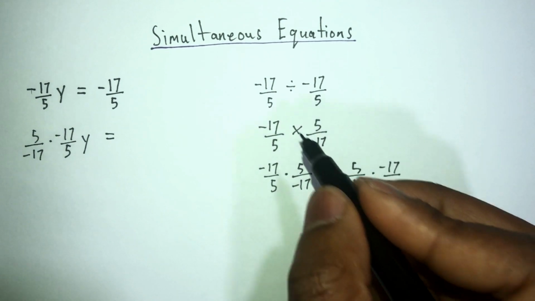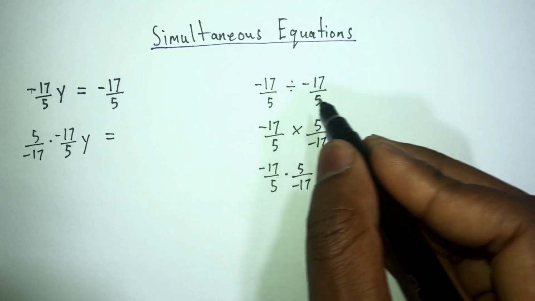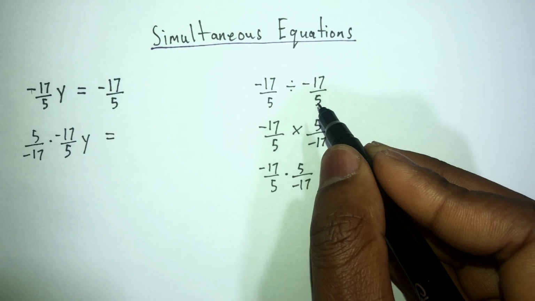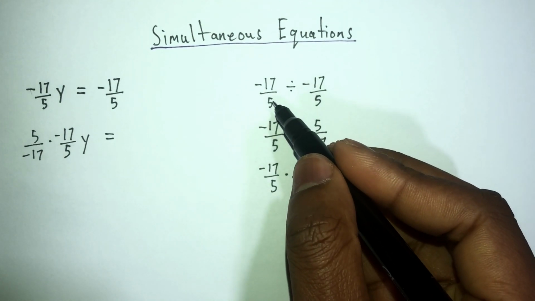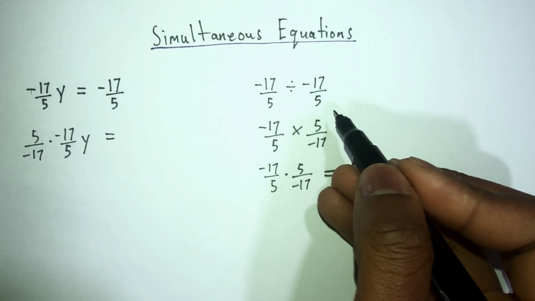go further. So a number divided by itself is 1. So when we divide 2 by 2, that's 1. And here we have negative 17 over 5 divided by itself.